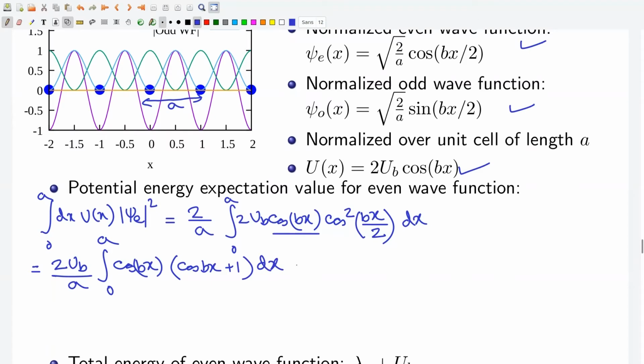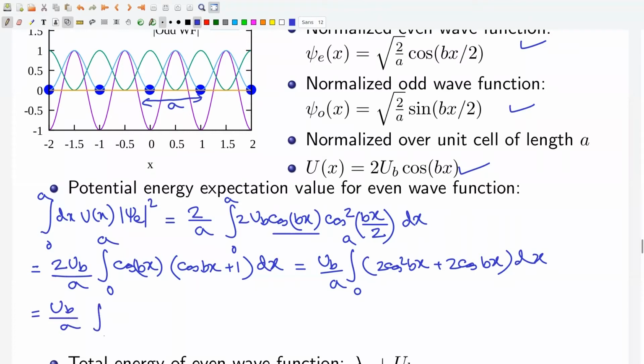And this is equal to u b by a integral 0 to a, 2 cos square bx plus 2 cos of bx, dx, and we can write it as u b by a integral 0 to a.